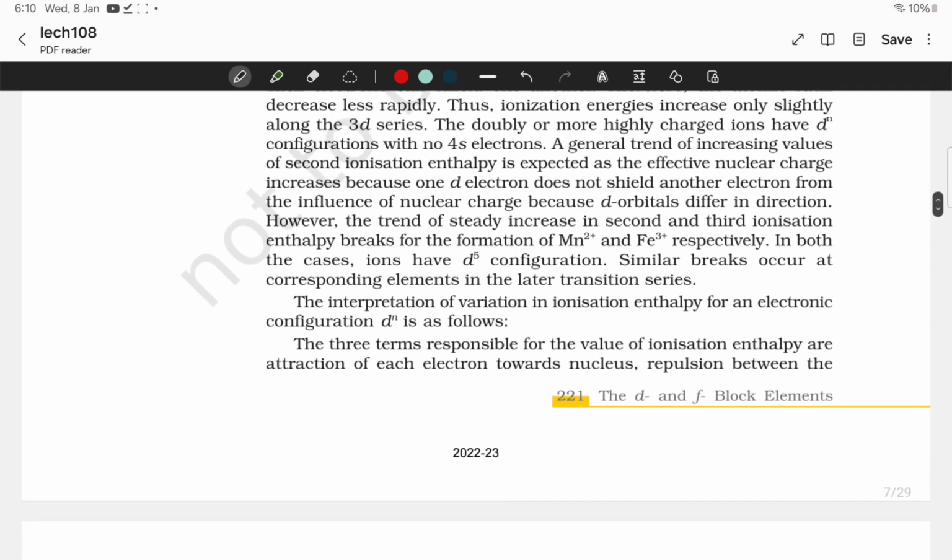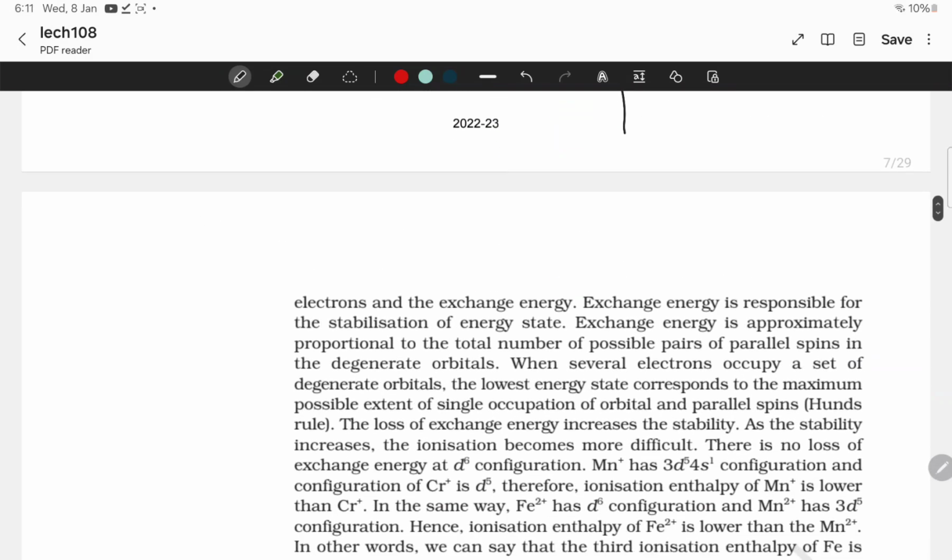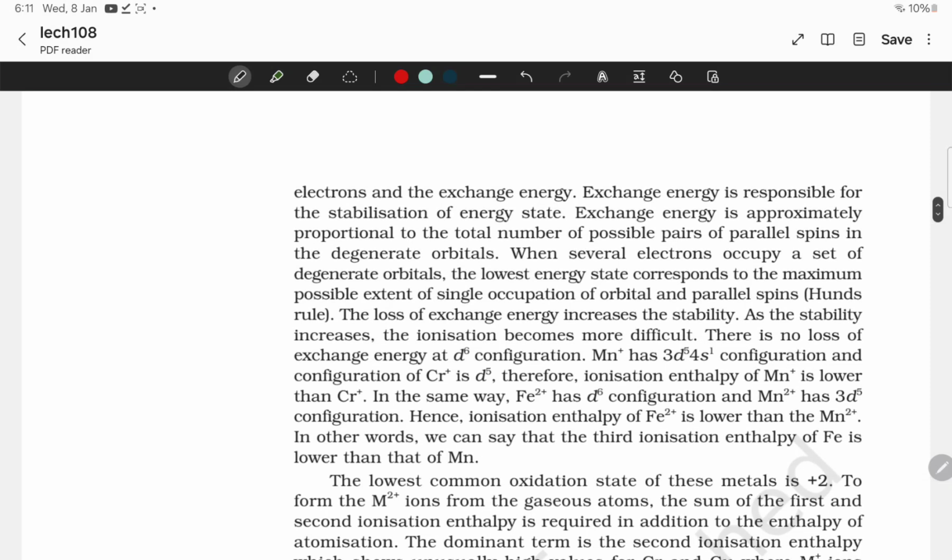Now we will read this paragraph. The interpretation of variation in ionization enthalpy for an electronic configuration d^n is as follows. The three terms responsible for the value of ionization enthalpy are attraction of each electron towards the nucleus, repulsion between the electrons, and the exchange energy. Exchange energy is responsible for the stabilization of the energy state.